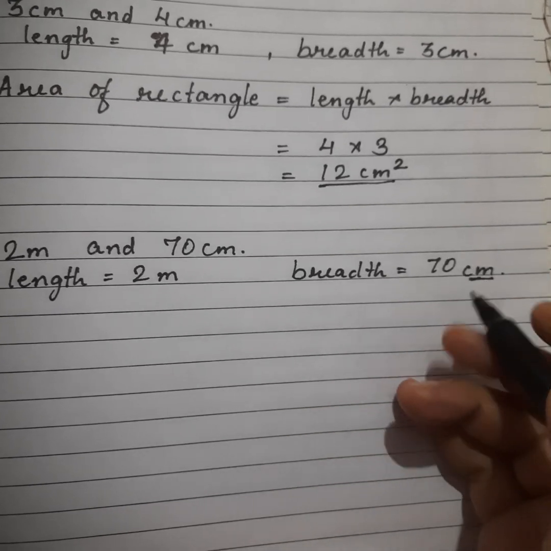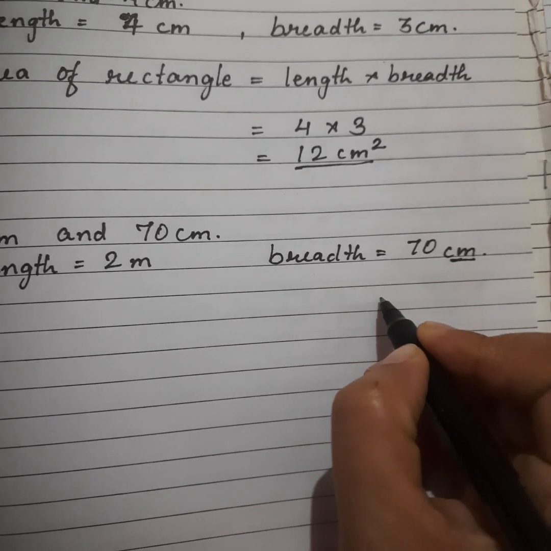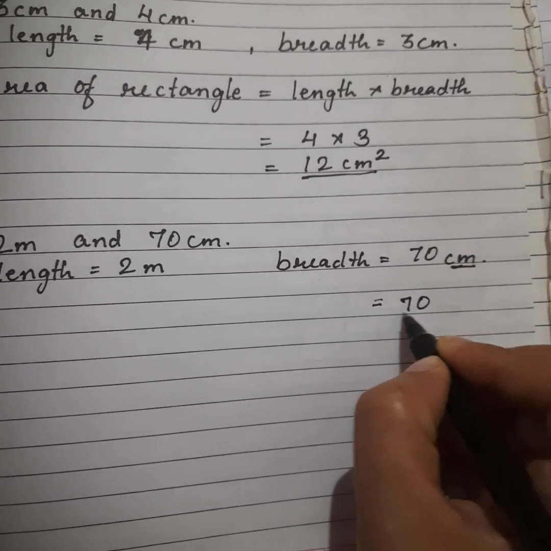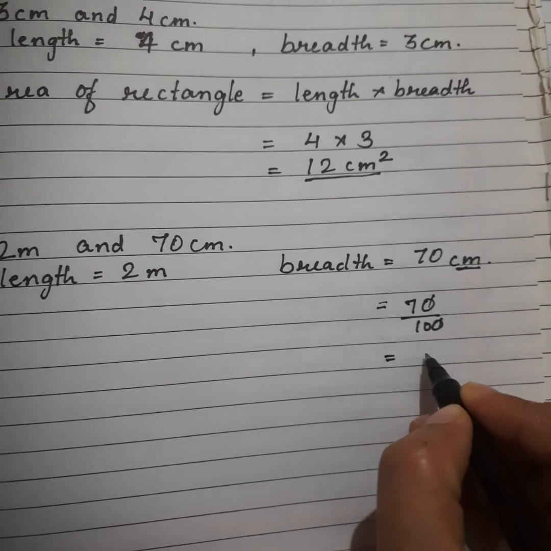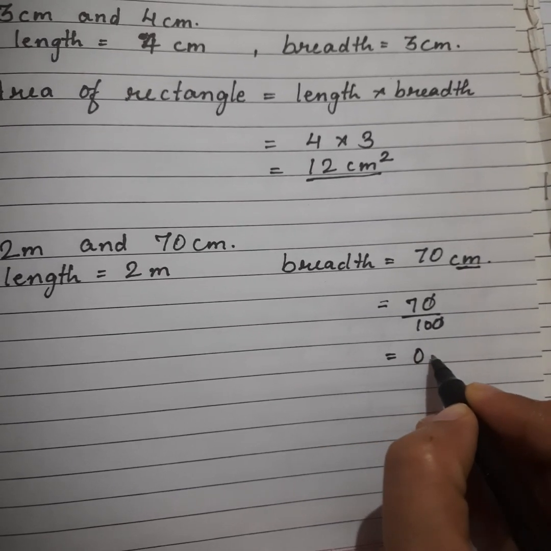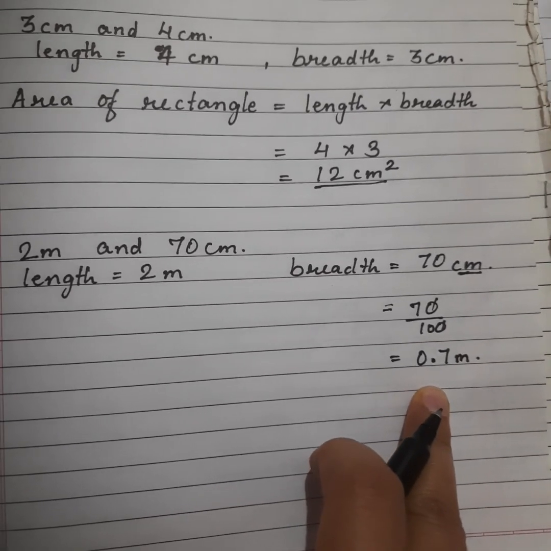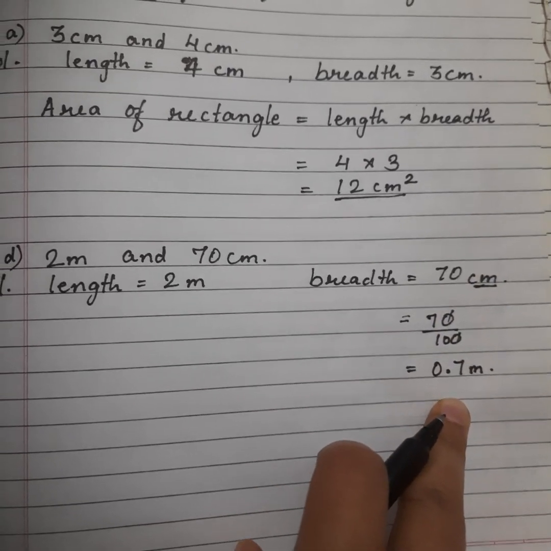We know 1 meter is equal to 100 centimeter. So 70 centimeter when divided by 100 will be 0.7 meter. This is the conversion of centimeter to meter.